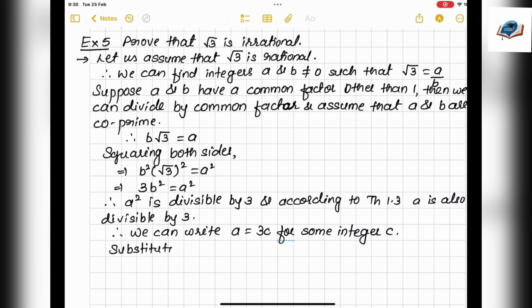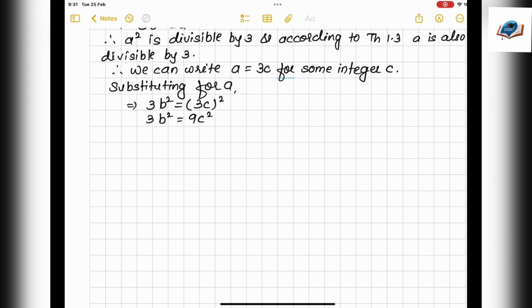Substituting for a, we get 3b square equal to 3c whole square. So 3b square equal to 9c square. So therefore it implies b square will be 3c square.